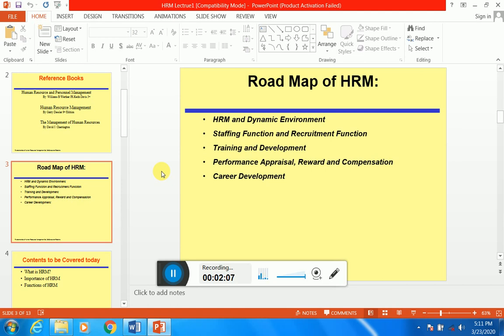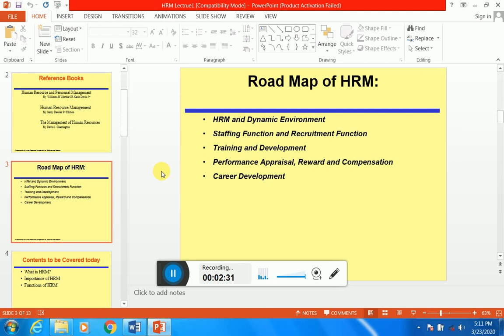It simply means the environmental factors which have some impact on the practices of human resources in the organizational era, like for example globalization, technology, workforce diversity, and how these various factors have an impact over your human resource management.